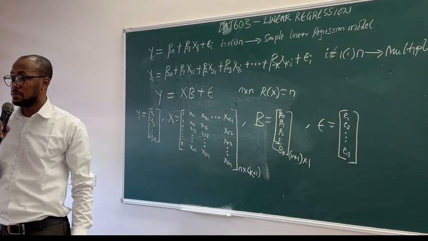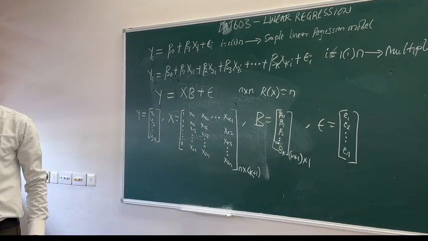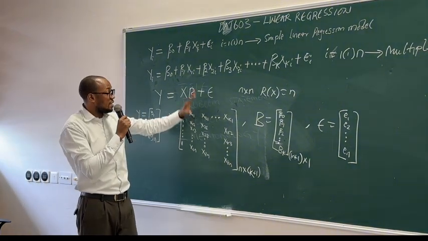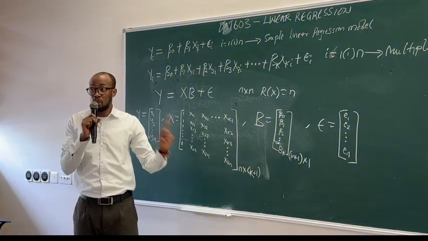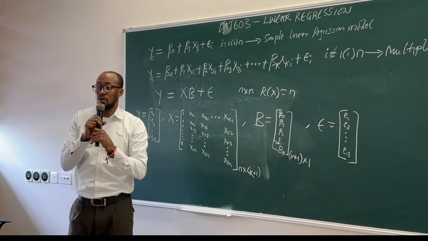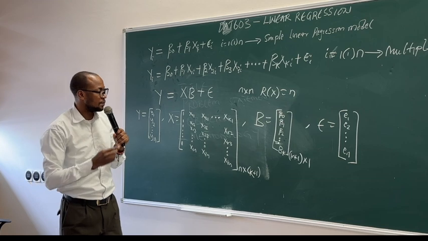In this case, the number of rows is equal to the number of columns. Well, in this case, the number of rows is not equal to the number of columns. Now let me explain it to you.